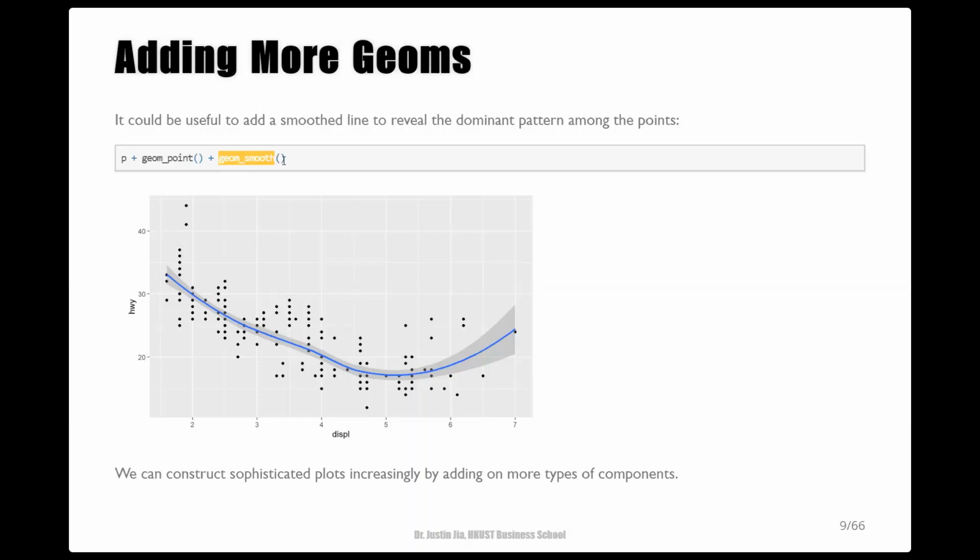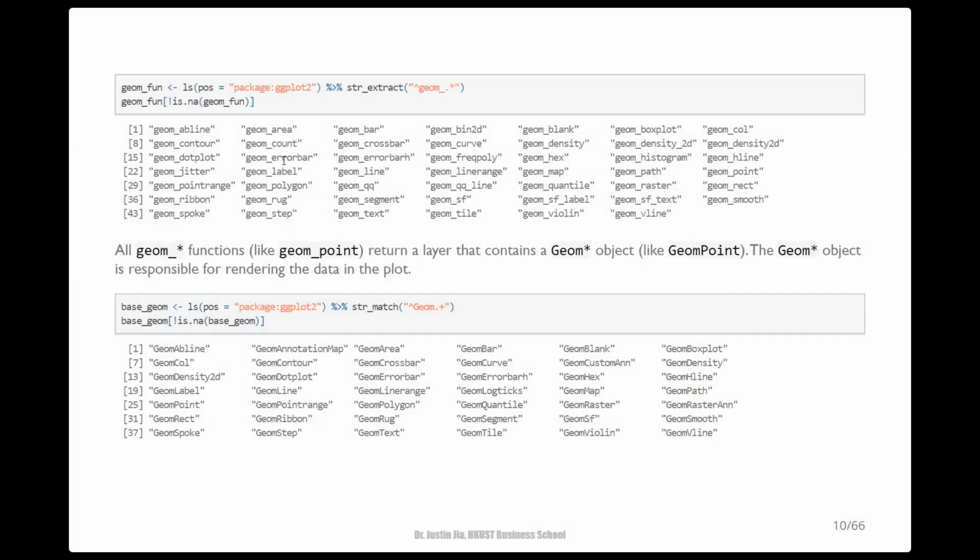In fact, ggplot2 provides a number of geom functions for rendering layers of different types of geometric objects. The first list gives a list of these geom functions, while the second list gives a list of geometric objects.